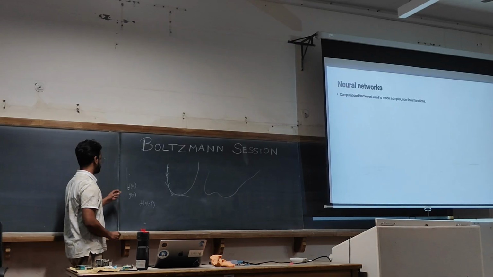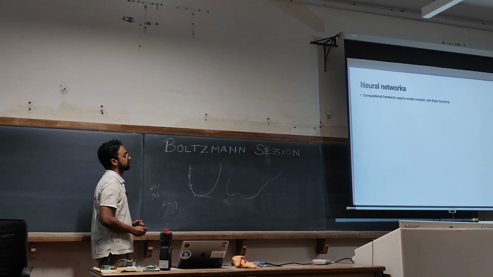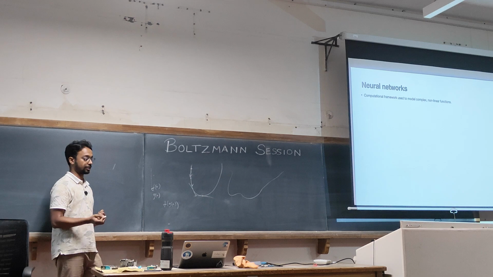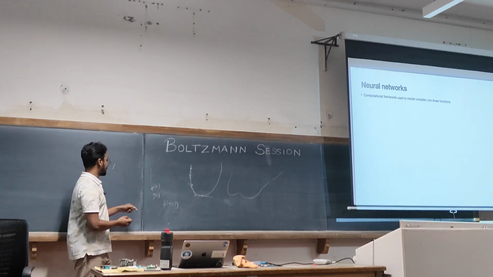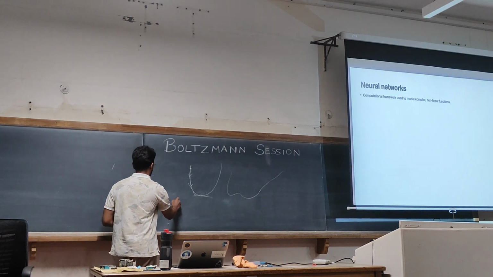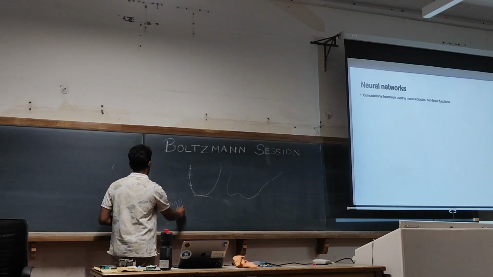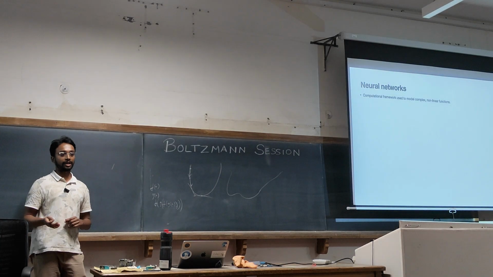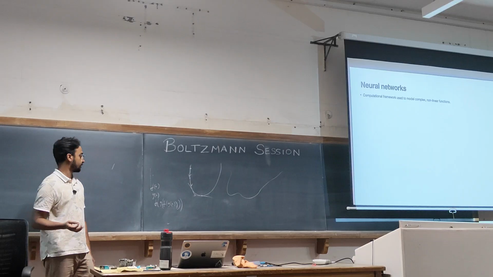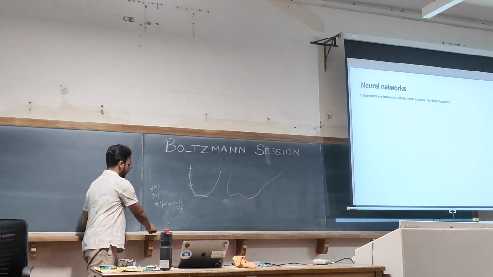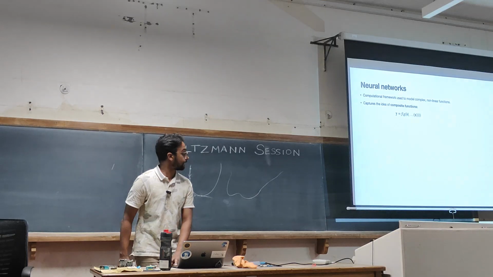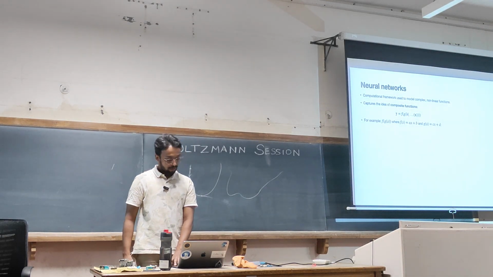And if this is some simple nonlinear function that you can build, you can keep stacking this continuously until it is complex enough that you can use it to represent your data. That's the basic idea of a neural network, this idea of composite functions.